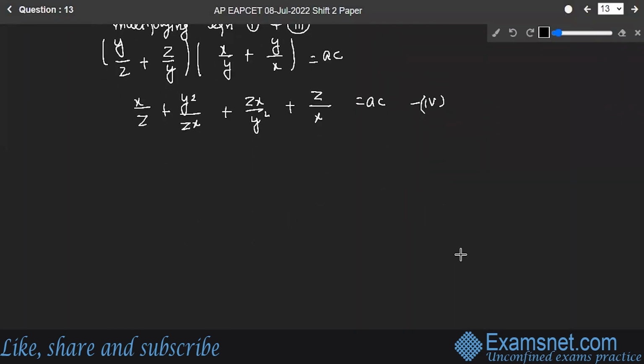Let's name it as number 4. Now, subtracting equation 2 from equation 4.